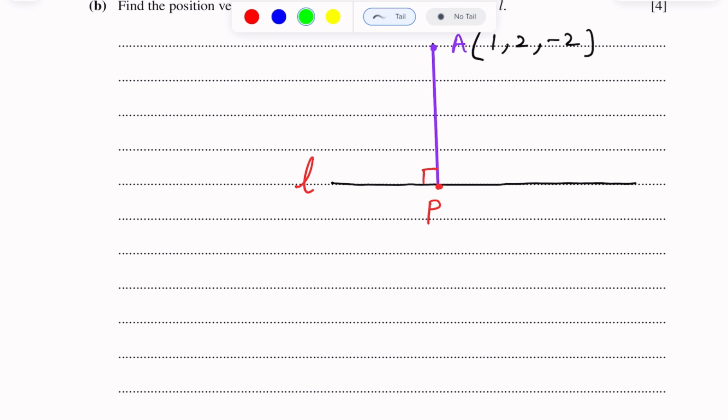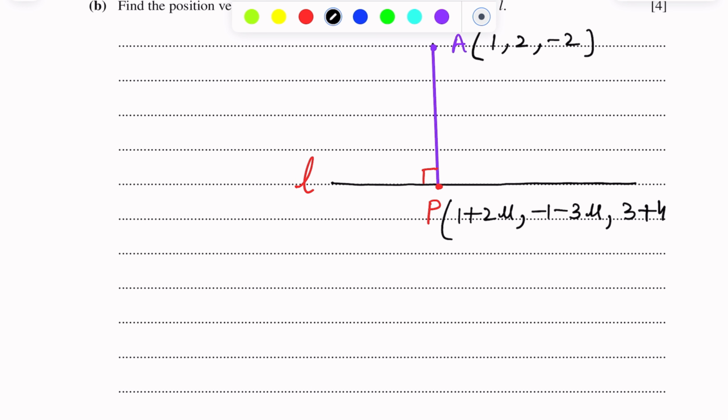on line L. So we can say that the coordinates of P are: x coordinate 1 plus 2 mu, y coordinate minus 1 minus 3 mu, z coordinate 3 plus 4 mu. These are the coordinates of general point P in terms of mu.